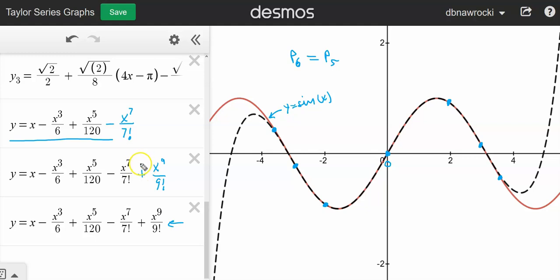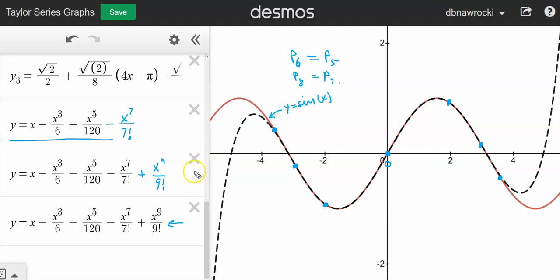And the same for the 8th degree Taylor polynomial approximation in this case. P8 would be the same as P7. So that's why we didn't talk about the even degree Taylor polynomial approximations for the sine.